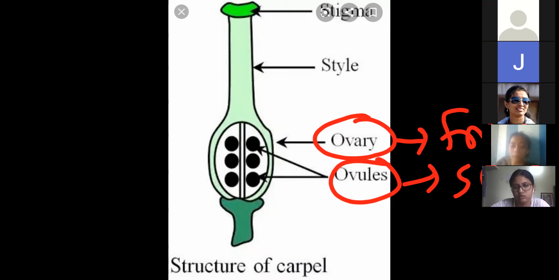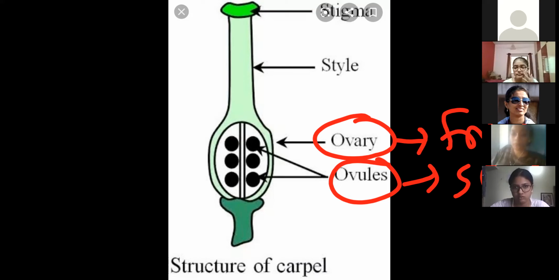Imagine that before fertilization it is the ovary, and inside the fruit the seeds are there. Before fertilization they are ovules, right? So in some fruits, one line is there, in ovary either a single ovule is present or many ovules are present, right? To make it easy, ovary ultimately converts into fruit and ovules convert into seed.